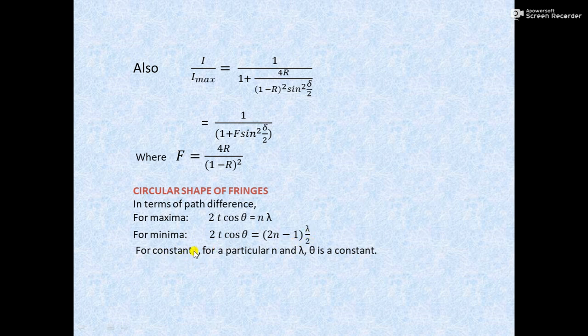For constant t, for a particular n and wavelength, theta is a constant. The locus of points having the same value of theta is a circle, and hence circular fringes are obtained. The bright fringe in the interference pattern is very sharp as the intensity falls rapidly almost to 0 on either side. The sharpness increases with the reflecting power of the silver coating.